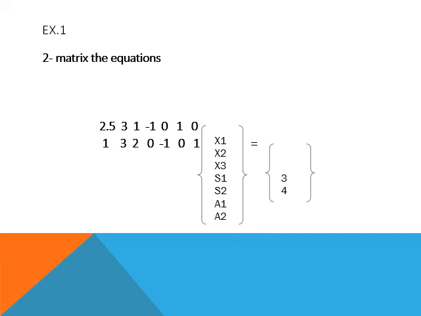Let's look. 2.5, 3, 1, negative 1, 0, 1, 0, these are coefficients of constraint 1. 1, 3, 2, 0, negative 1, 0, 1, these are the coefficients of constraint 2. x1, x2, x3, s1, s2, a1, a2 are variables. And 3, 4 are constants.